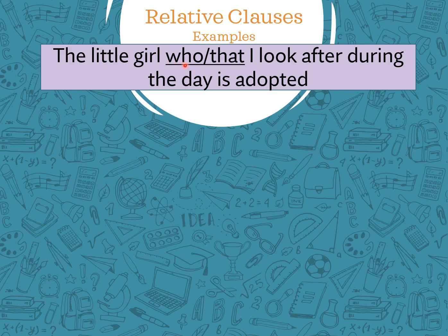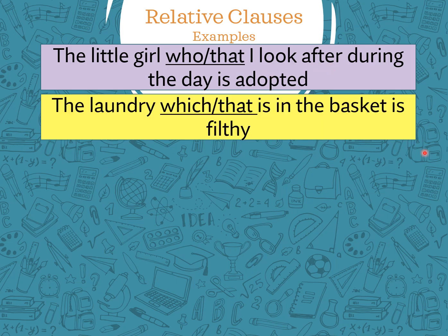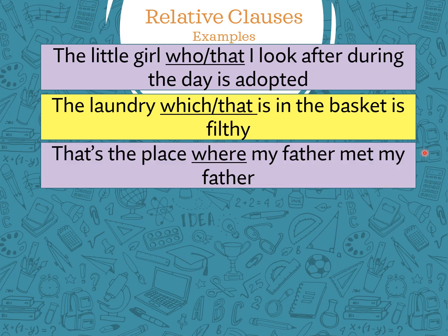Okay, biasanya kita akan guna who / that, either one. The little girl who I look after during the day is adopted. The little girl that I look after during the day is adopted. Next, the laundry which is in the basket is filthy. That's the place where my father met my mother.